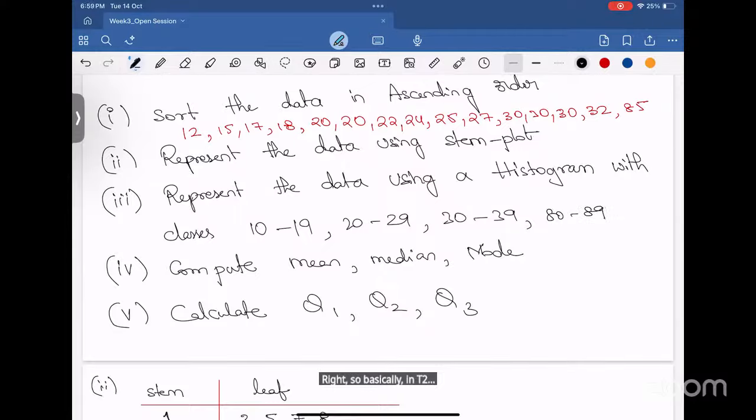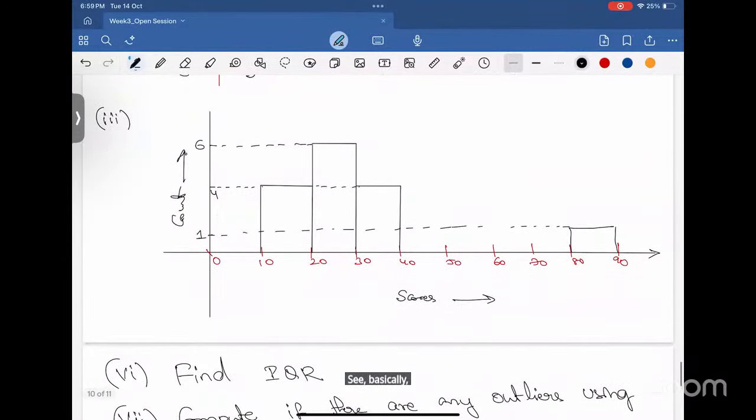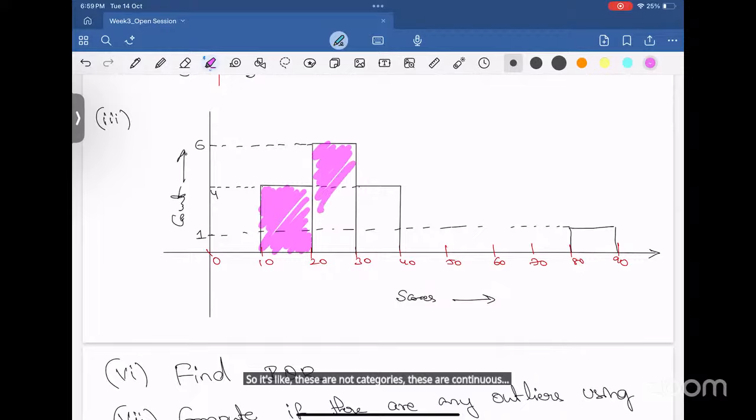See, basically histograms, if you plot these rectangles, they will all be touching together. These are not categories, these are continuous variables where it can take any possible value between 10 to 90. Therefore, if you want to show the exact scores or exact plot very nicely, this is how you should show.